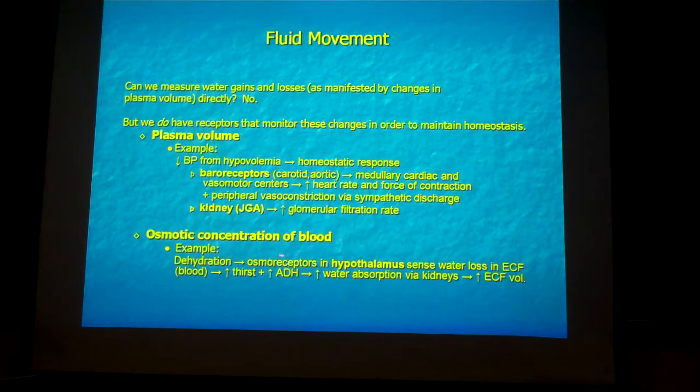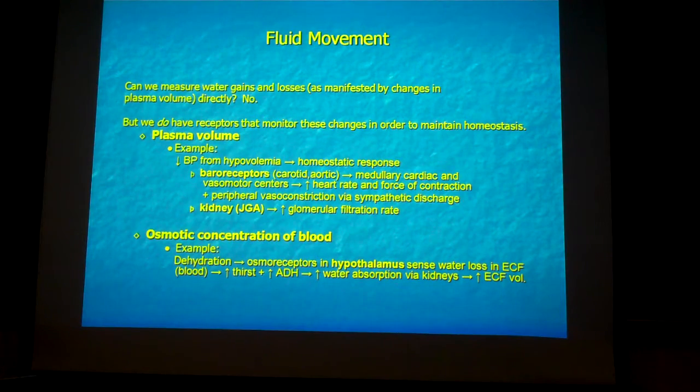Here's another way. By constant measurement of the osmotic concentration of the blood. The hypothalamus contains tiny osmoreceptors that are constantly monitoring the solute concentration of the blood, which we know as the osmolality of the blood.